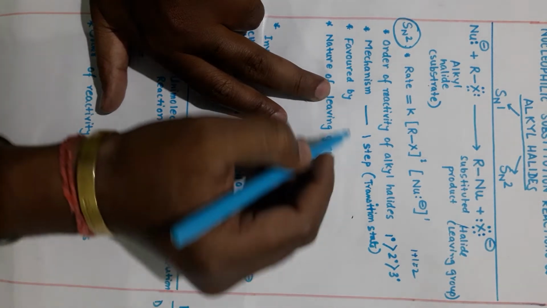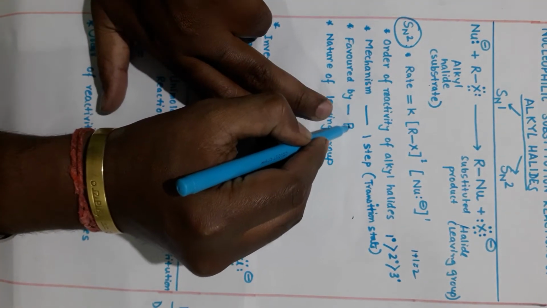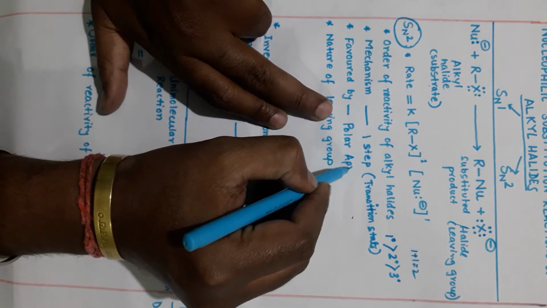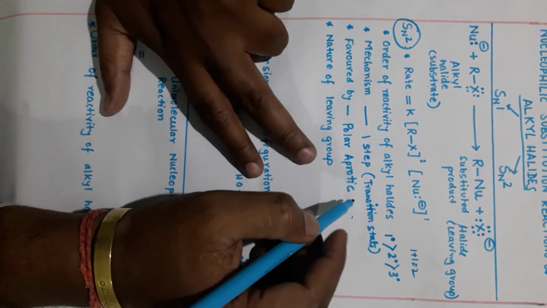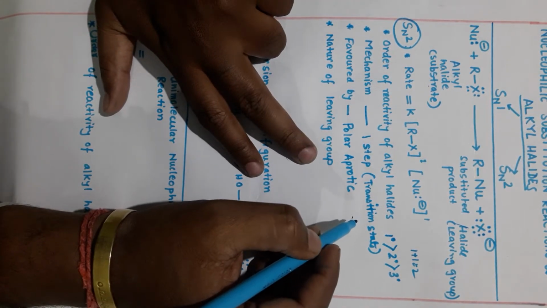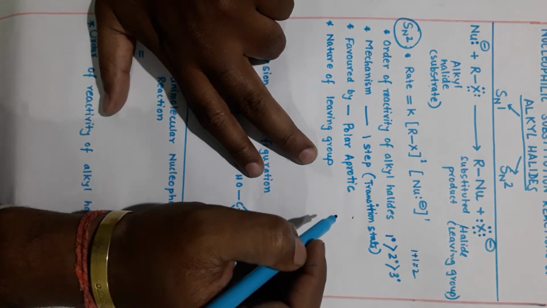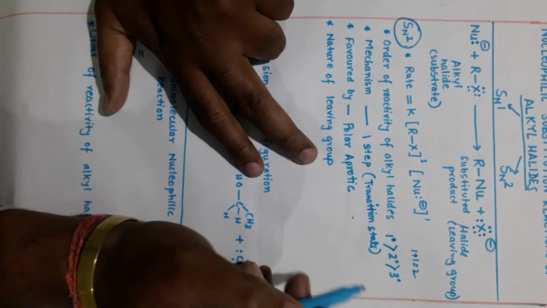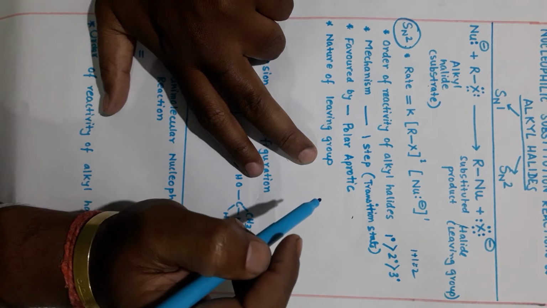Then we have also learned that Sn2 reactions are favored by polar aprotic solvents. This means these solvents are polar but they are aprotic. Aprotic means they are not able to provide protons in the solution, or they are not able to form hydrogen bonds with the solutes dissolved in them.